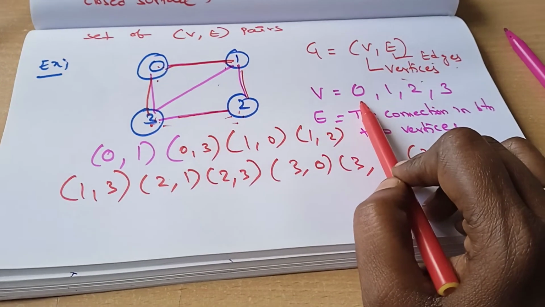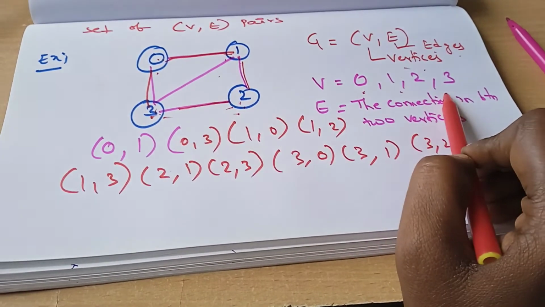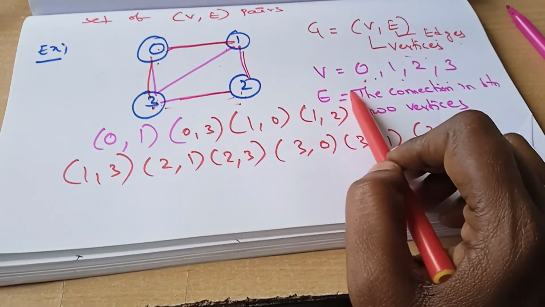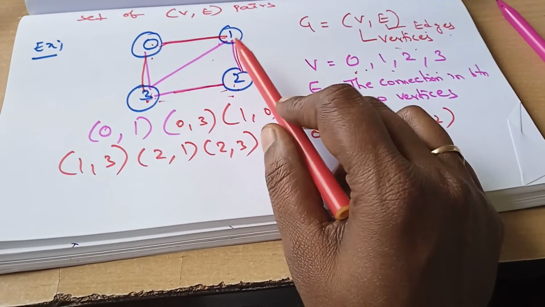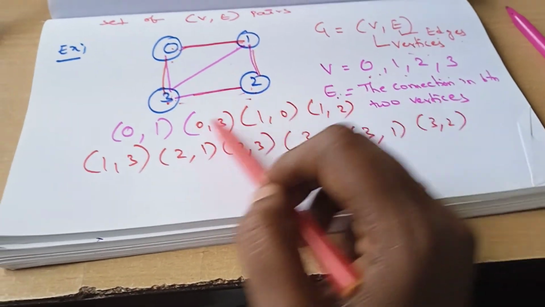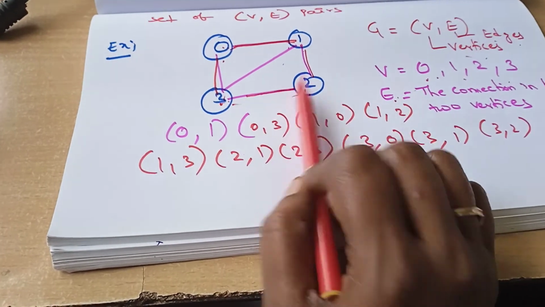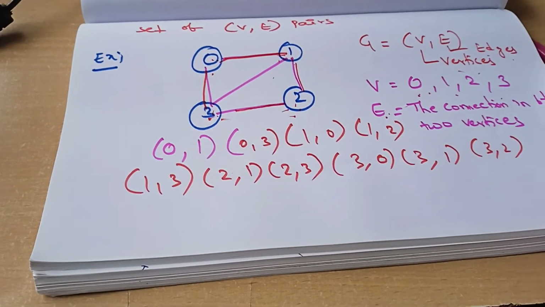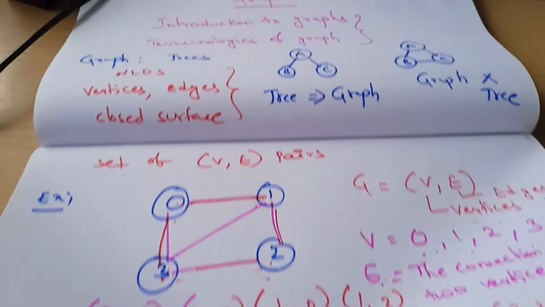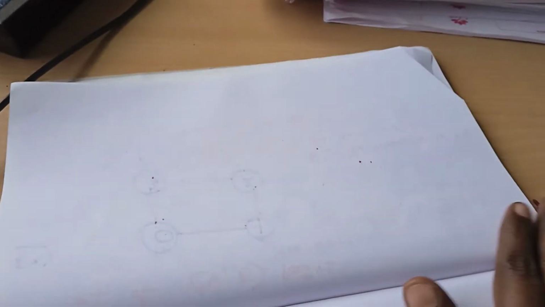Every node in a graph is called a vertex, and the connection in between two vertices is called an edge. These are the edges we found from the above graph. Okay, now let us see the terminologies of a graph.